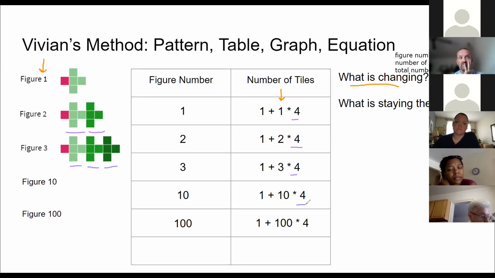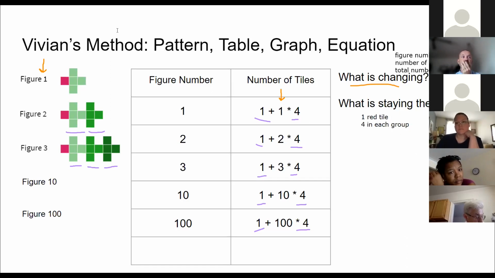And it's always multiplication by 4. And then the 1 red tile is always there. So this is really the same as well, right? So 1 red tile and the 4 in each group is staying the same.